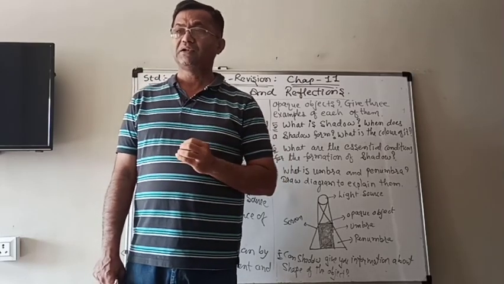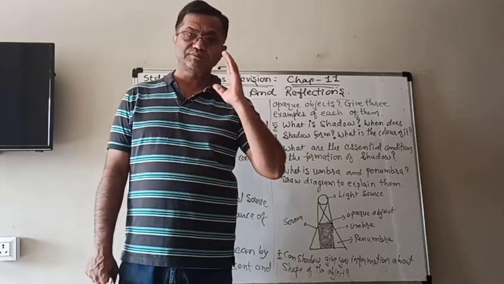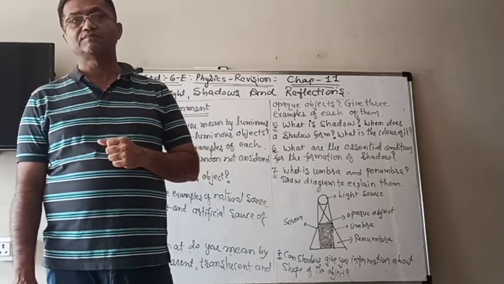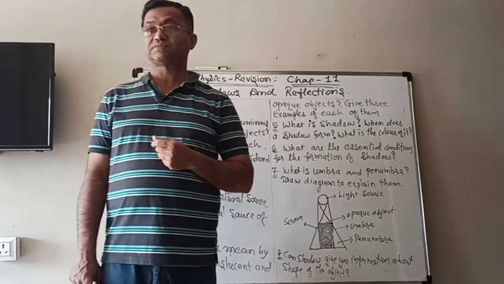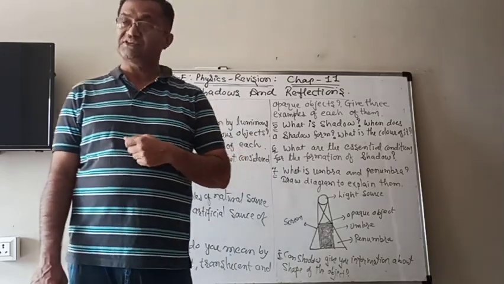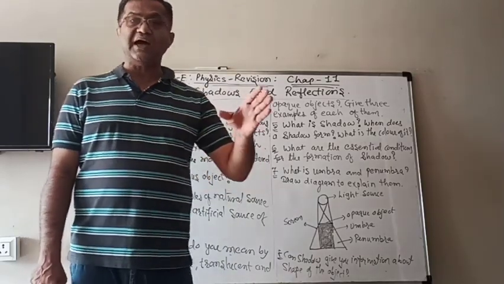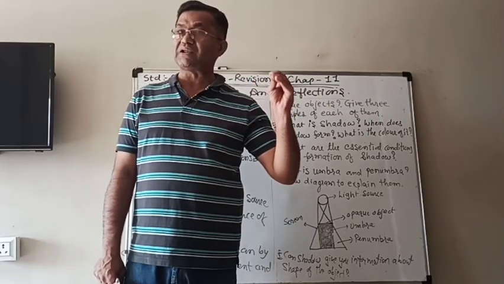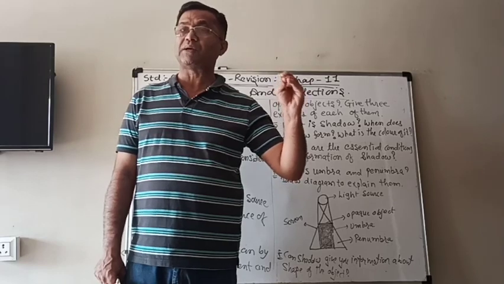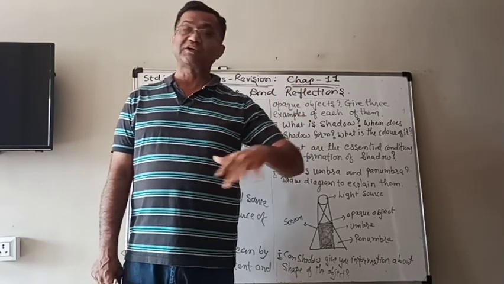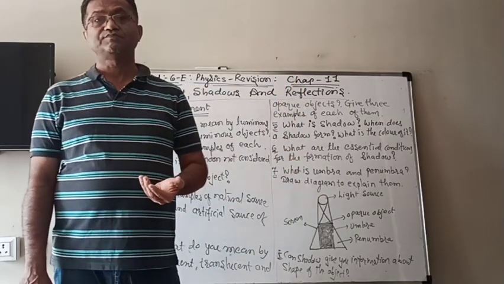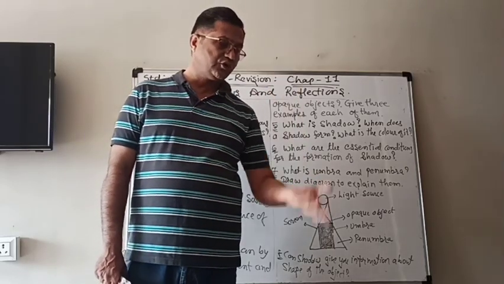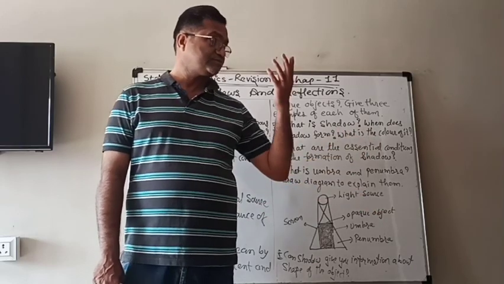For example, the butter paper, tracing paper, oily paper, some types of plastics, colored glasses, etc. And the last, opaque, means those which do not allow the light to pass through them at all. So we cannot see through them. For example, the cardboard, wood, brick, etc.